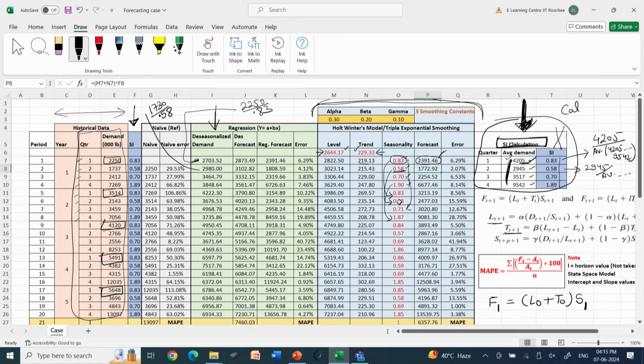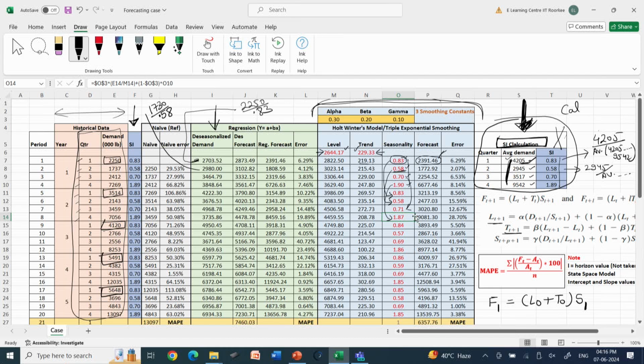So, the initial seasonal factor for quarter 4 was 1.90 and after year 5 the seasonal factor for quarter 4 has become 1.85. So, in this way there are some changes happening in the seasonal factor.